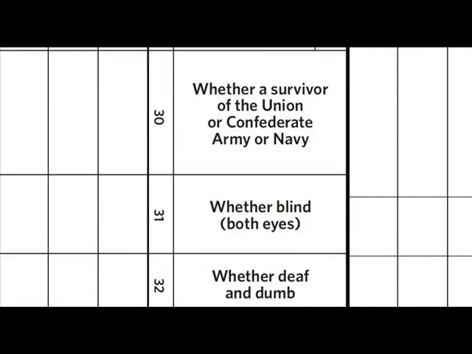I like that question primarily because it's a great way to find out if you had an ancestor who served in the Civil War, whether they were Union, Confederate, soldier, or sailor. This is very useful.